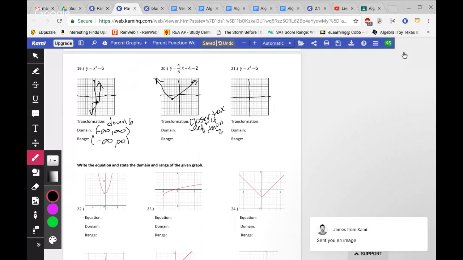So the domain? Negative infinity to infinity. Yes. And the range? Negative 2 to infinity. Good job.